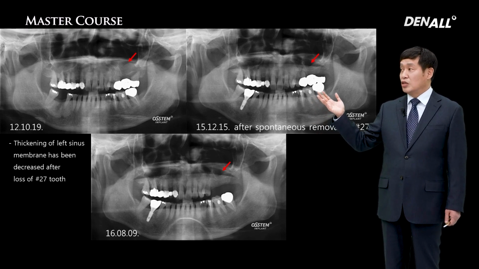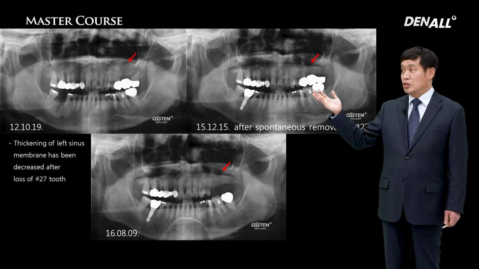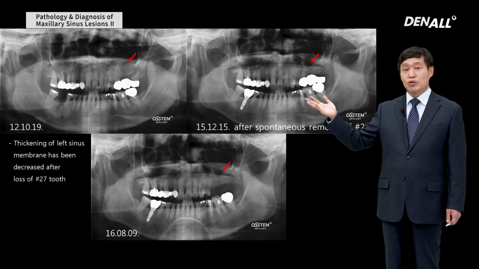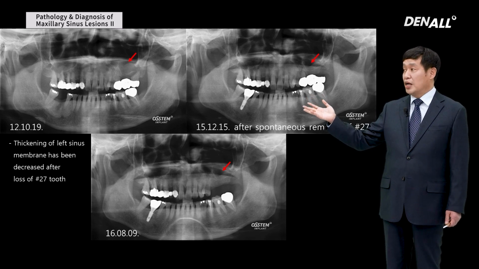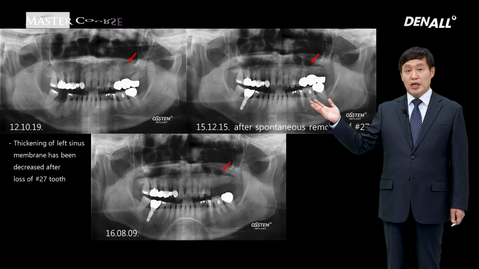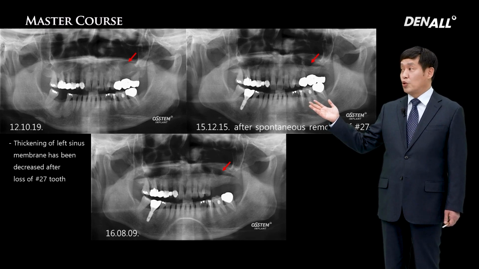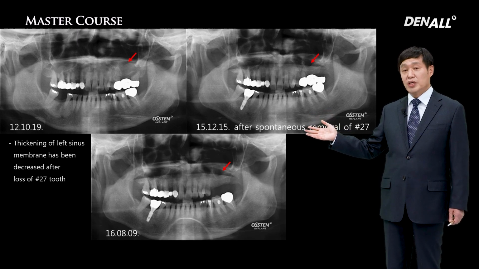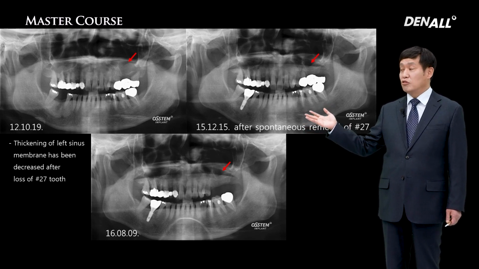In the second X-ray, the patient did not receive any dental treatment, but number 27 was dislodged naturally. The bridge prosthesis failed, and compared with the panoramic image on the left, the mucosal thickening has improved after tooth extraction.